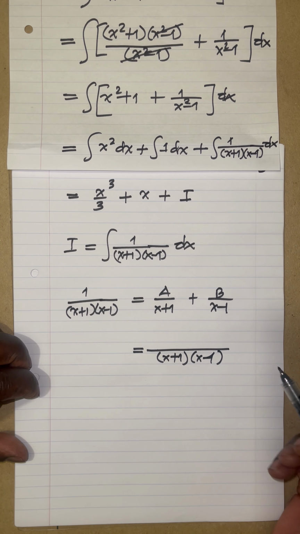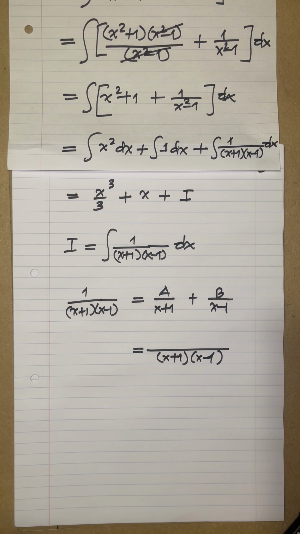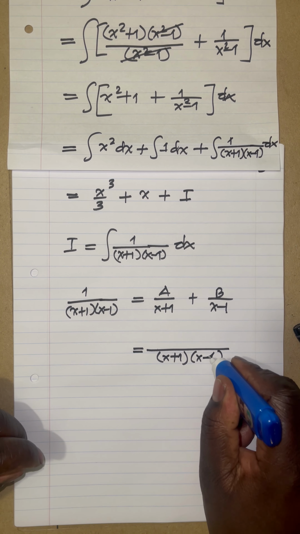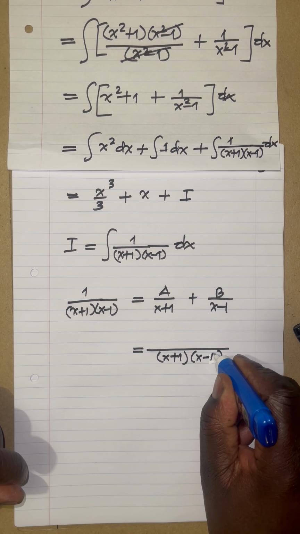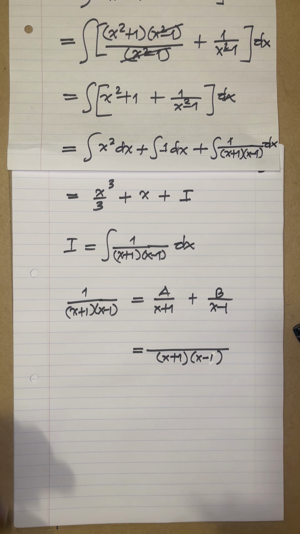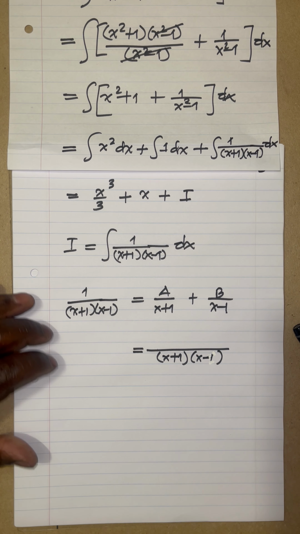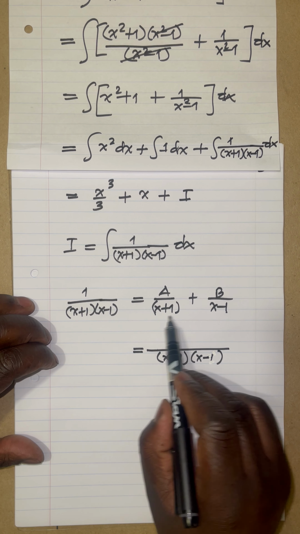Performing simple simplification. I want it to be clearly seen that it's actually minus 1. Okay, so now we take x minus 1, x plus 1 into that.